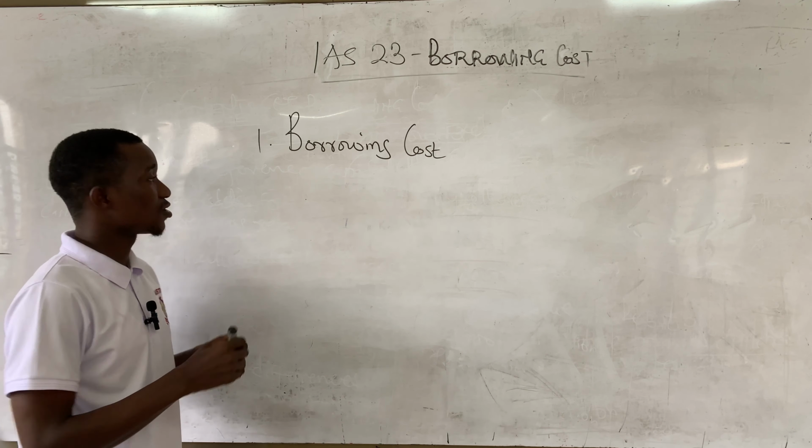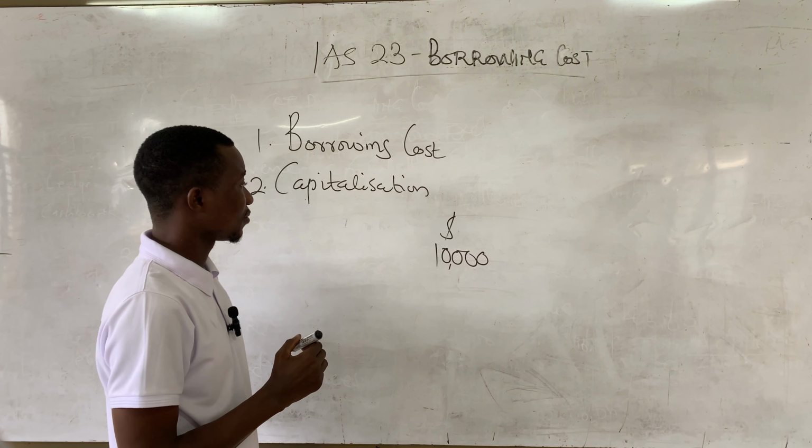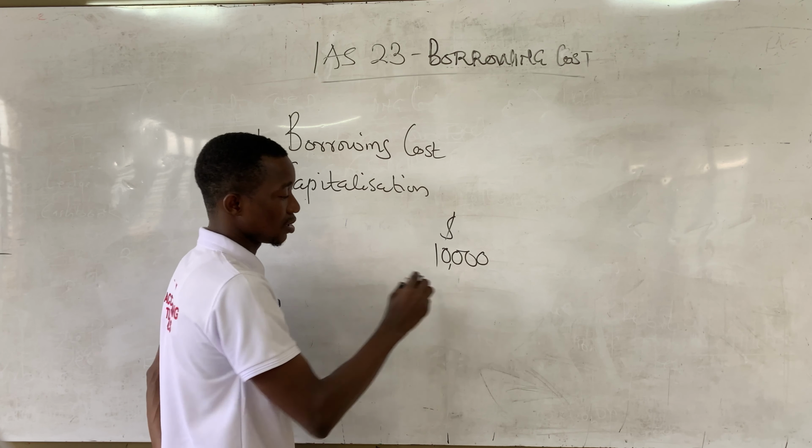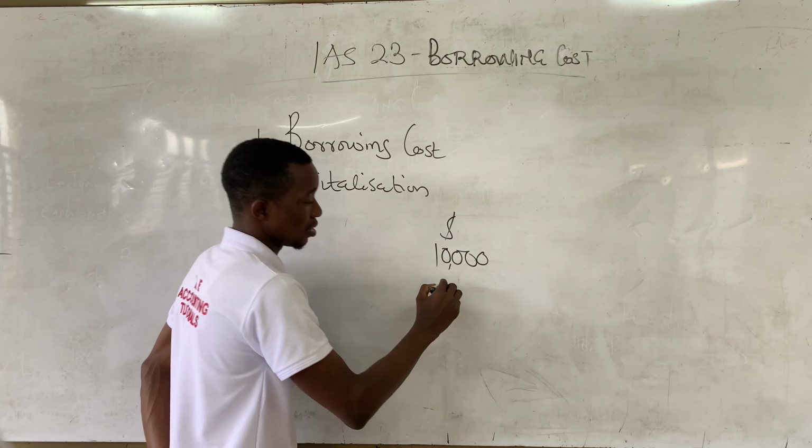So if you took a loan to put up a building, and the building cost, let's say, $10,000, and there is a borrowing cost on this building, let's say 2,000, the process of adding this borrowing cost to the cost of the qualifying asset is what we call capitalization.